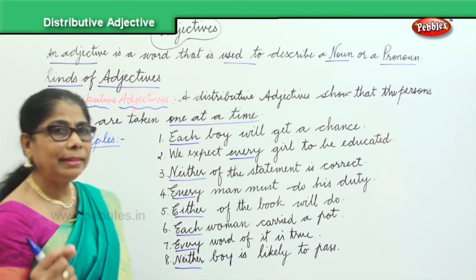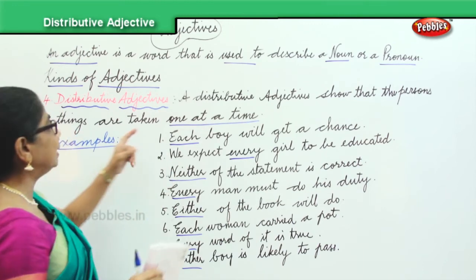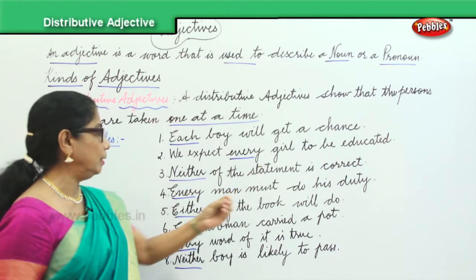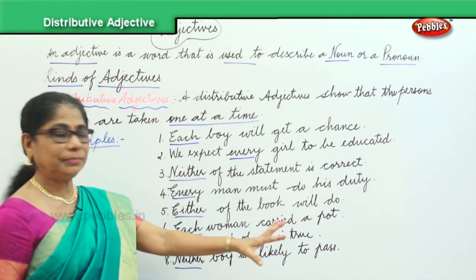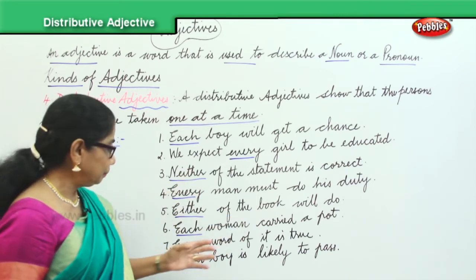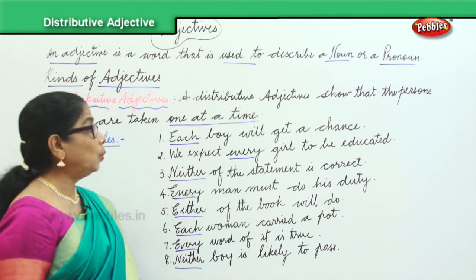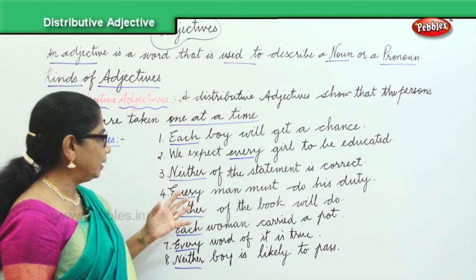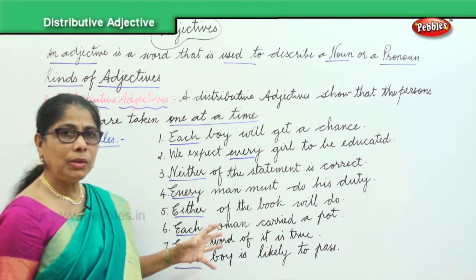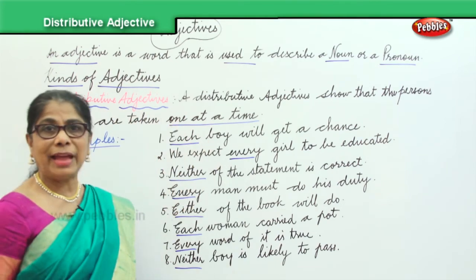Now, in the distributive adjective, we said persons or things are taken one at a time. Each boy, every girl, neither, every man, either of the books, each woman, every word, neither boy. The words each, every, neither, either. All these words tell us they are distributive adjectives.